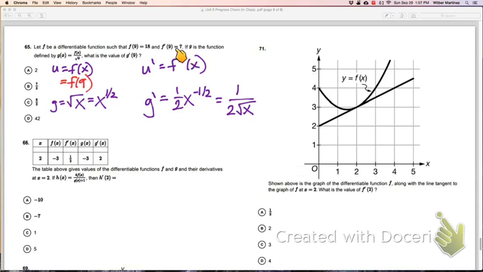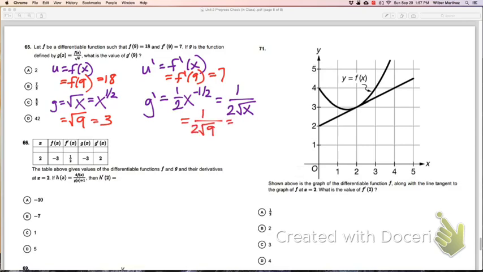F prime of 9 is 7. The square root of 9, which is 3. And then 1 over 2 times the square root of 9, which would be 1 over 2 times 3, which is 1/6.